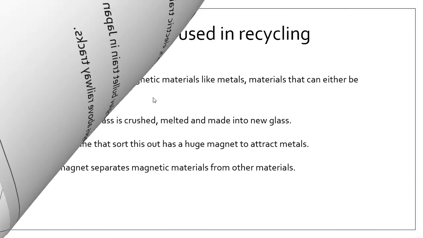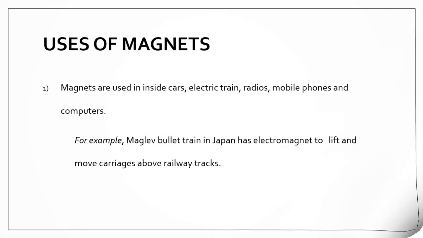So if you work with a magnet close to these gadgets, there will be some sort of repulsion and attraction. That will affect the workability of the gadget. So the point is magnets are used inside cars, electric trains, radios, mobile phones and computers.